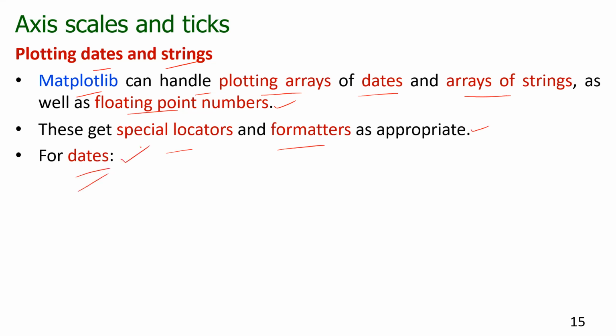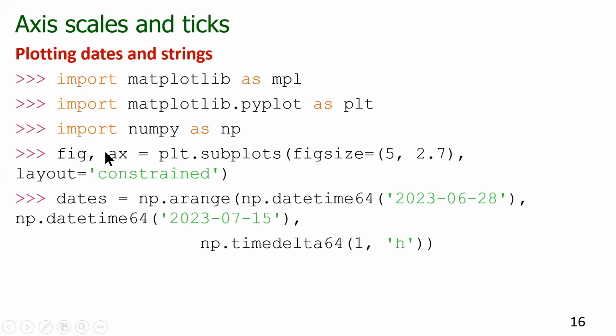Let us see first, for example, for dates data, the following example. Plotting dates. Import Matplotlib, directly we are taking MPL. Then import Matplotlib pyplot as plt. We are importing numpy as np, defining figure, axis, subplot, figure size with the constrained layout.